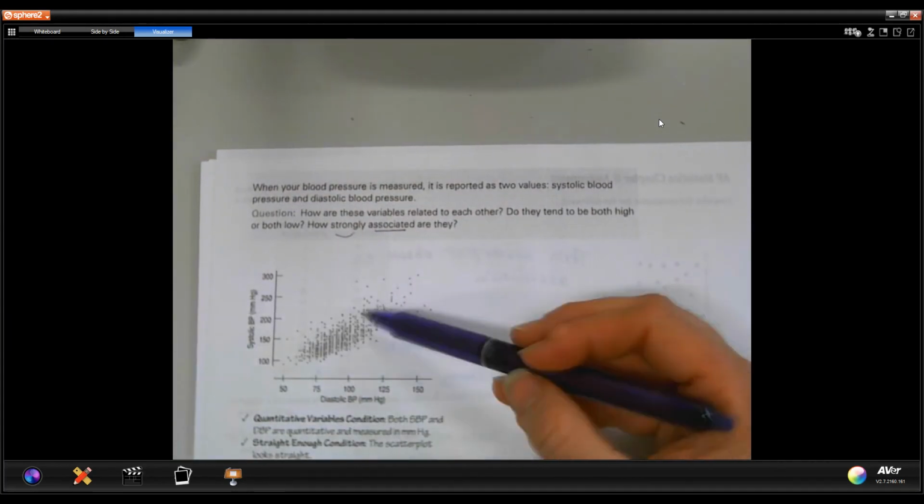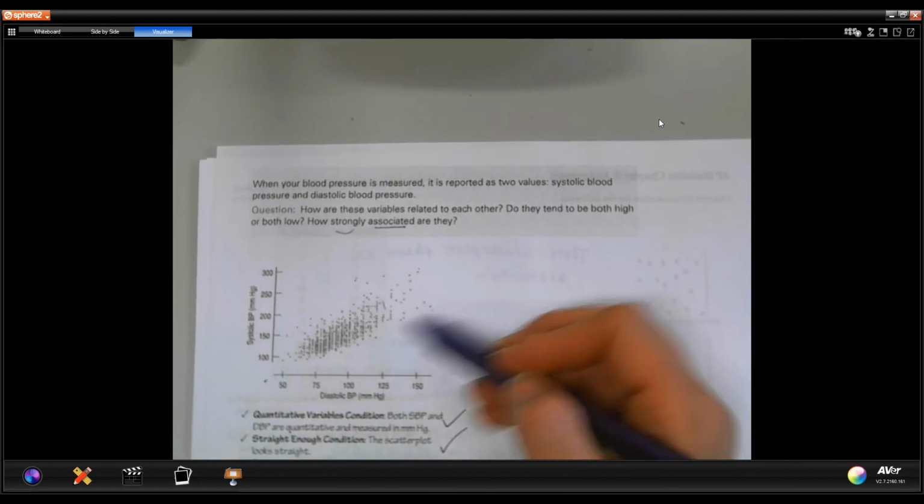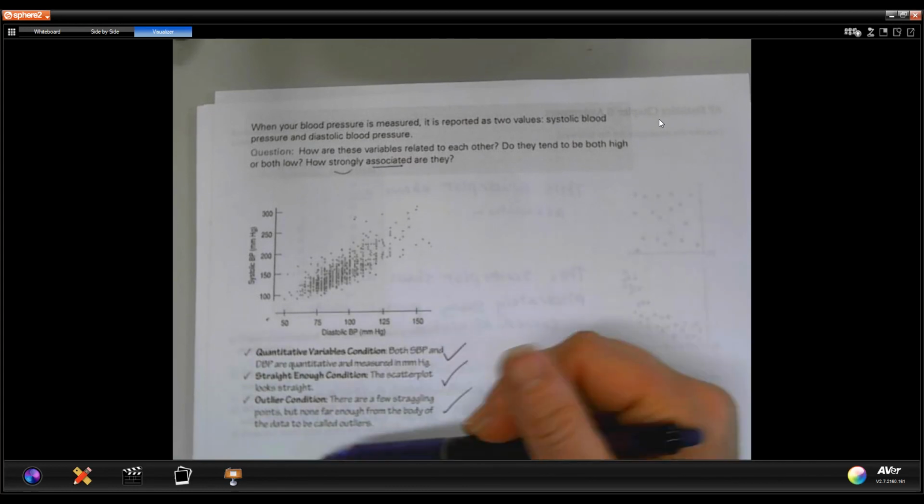Both of the blood pressures are measured as numbers, so the quantitative condition works. We look at the graph, and it looks linear. For the outlier condition, there are a few points farther away, but none of them appear to be crazy outliers, so we're good to go. With two quantitative variables, the correlation can be calculated, and I'll show you how to do that. And there we go, r equals 0.792.